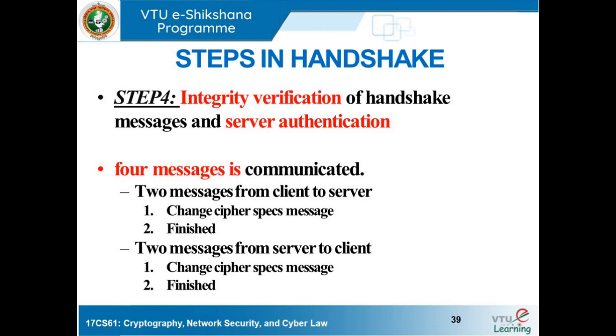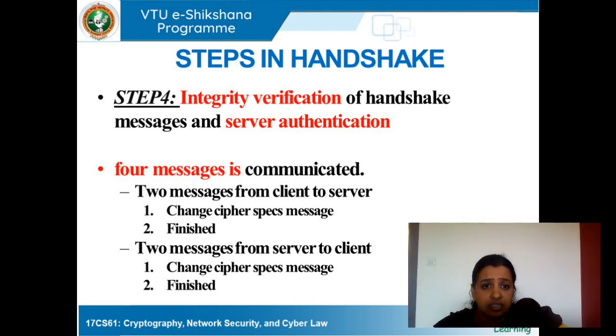Moving further, in step 4, there is a check on integrity verification of handshake messages, and also server authentication is performed. This is the step that involves the maximum number of messages communicated between the client and the server. 2 messages are sent from the client to the server and 2 messages are in turn sent back from the server to the client.